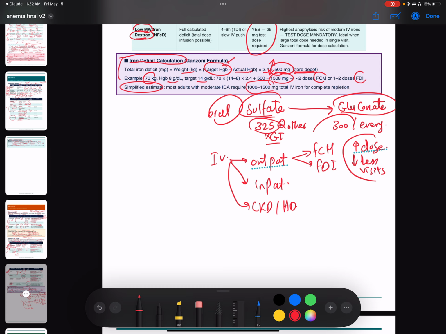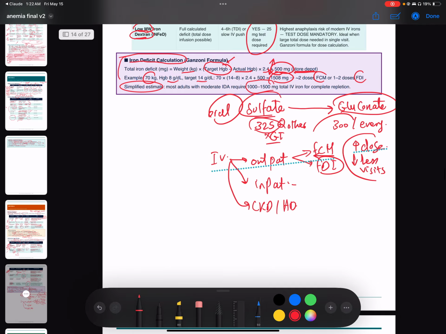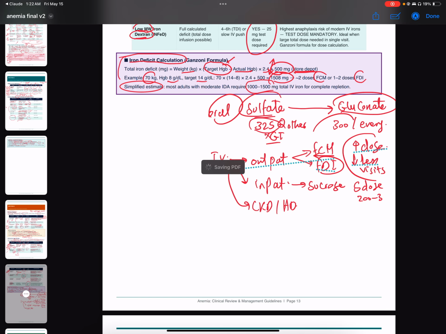So you give a high dose and fewer visits. FCM you use if someone doesn't have any hypophosphatemia risk. If someone has hypophosphatemia risk, you give FDI. In the inpatient setting, you give iron sucrose, and iron sucrose usually would be 5 doses, 200 to 300.